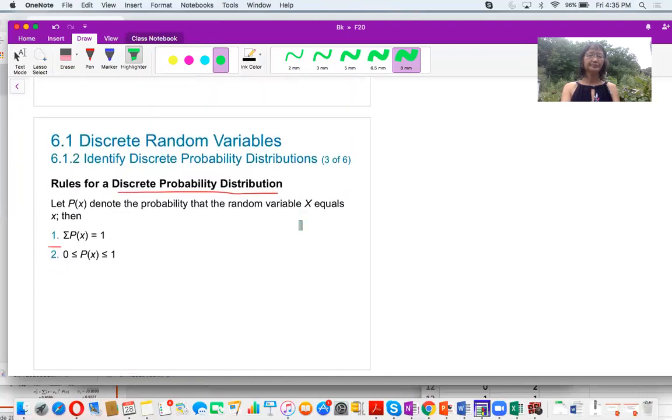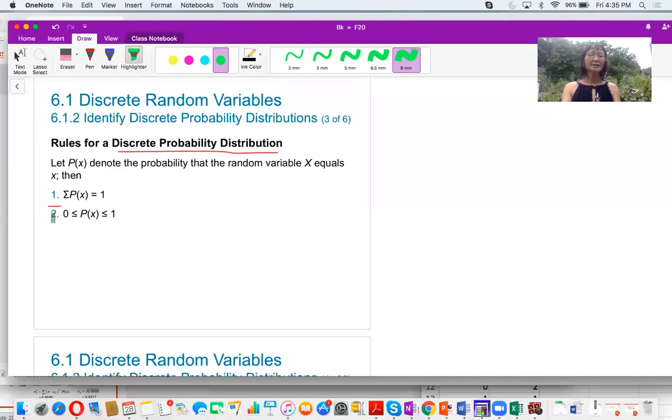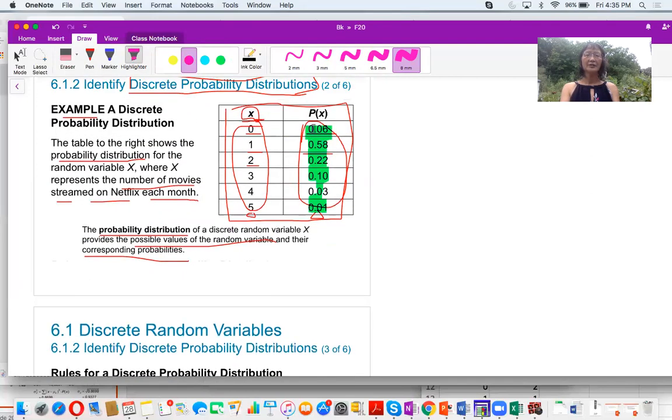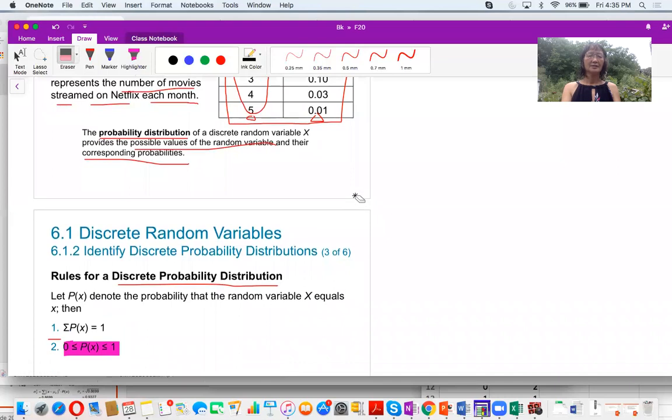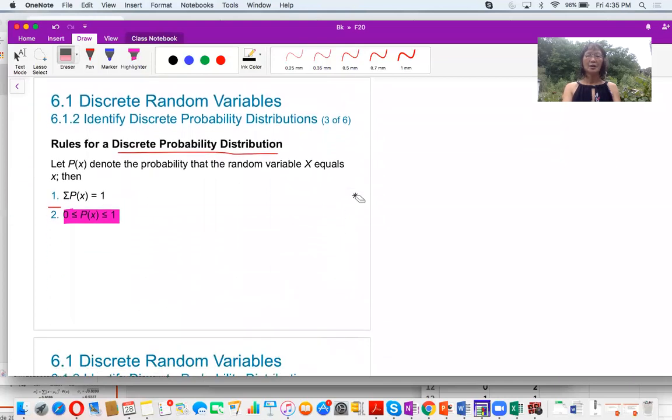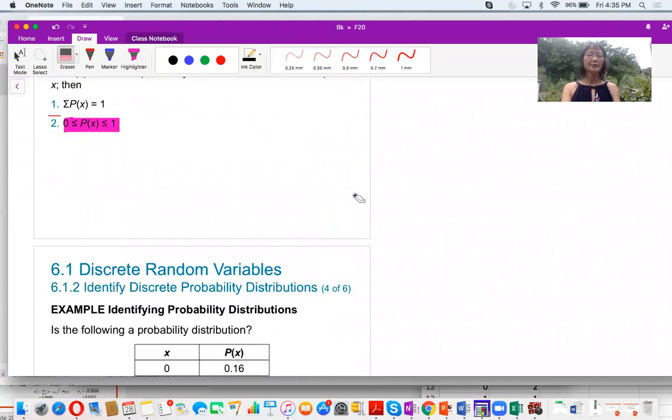The second one, the probability must be between 0 and 1. You see all these numbers are between 0 and 1. So those are the rules for a discrete probability distribution.